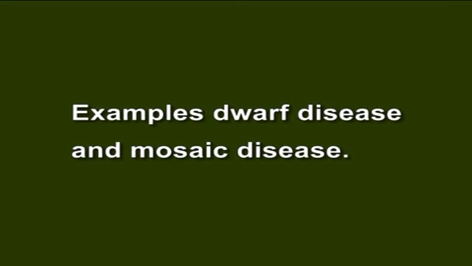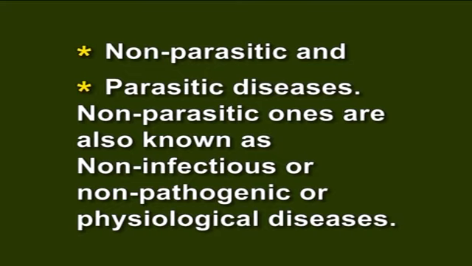Examples: dwarf disease and mosaic disease of mulberry. Classification based on parasitic nature. Based on causal factors, plant diseases can be broadly classified into 2 groups, namely non-parasitic and parasitic diseases. Non-parasitic ones are also known as non-infectious or non-pathogenic or physiological diseases.